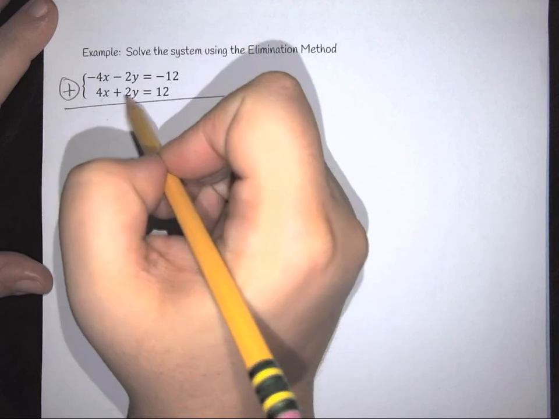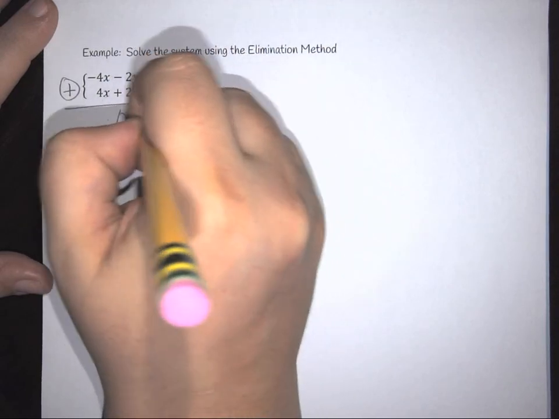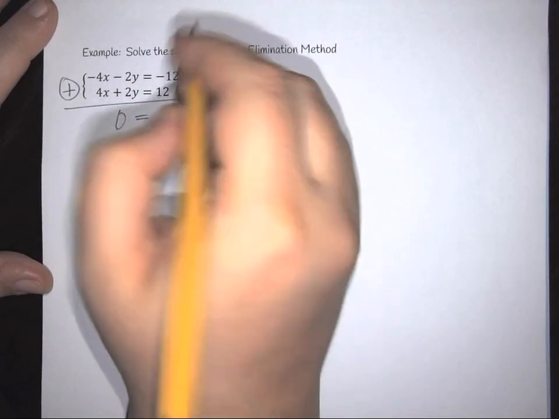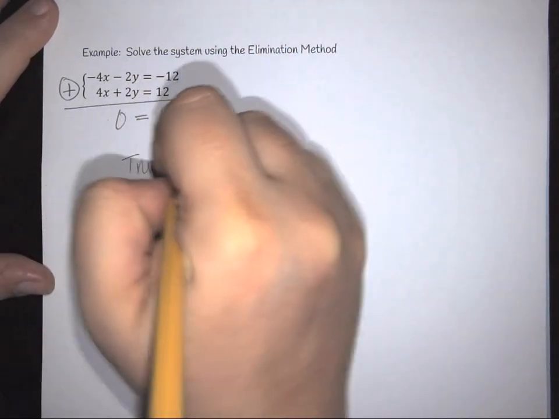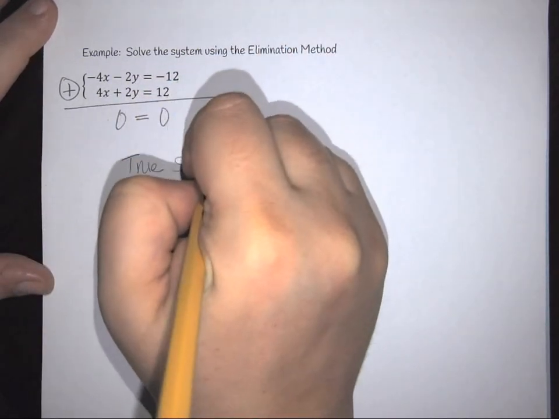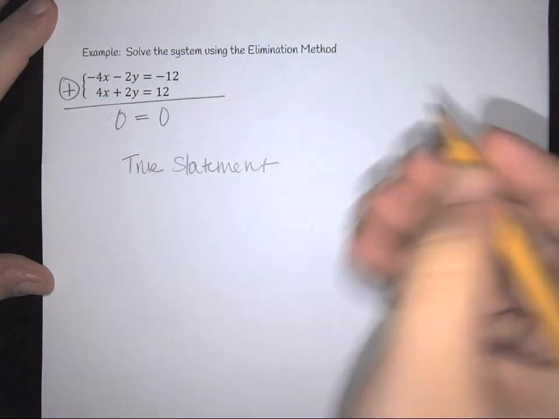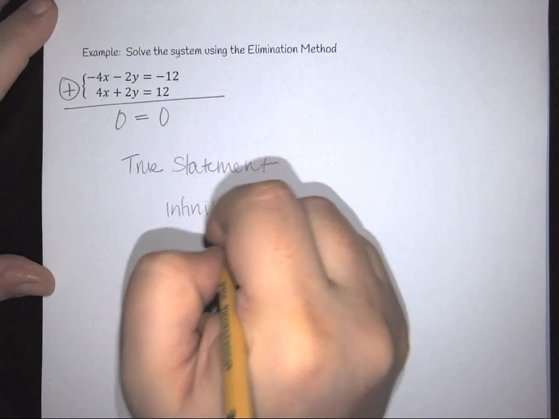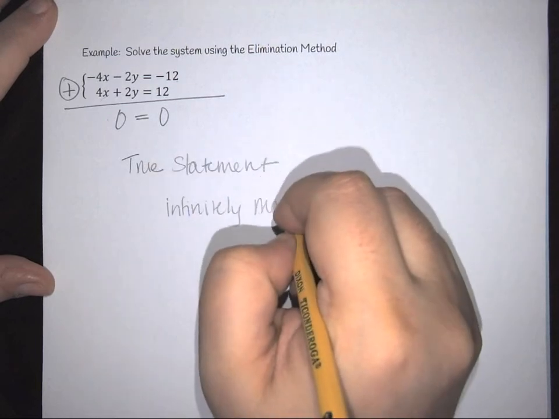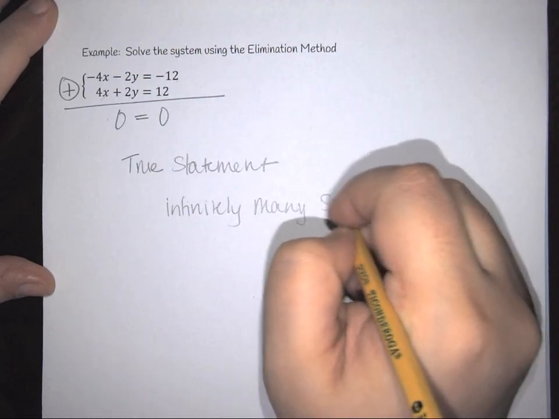Negative 2 plus 2 becomes a 0. Negative 12 plus 12 becomes a 0. This is considered a true statement, which means that we have infinitely many solutions.